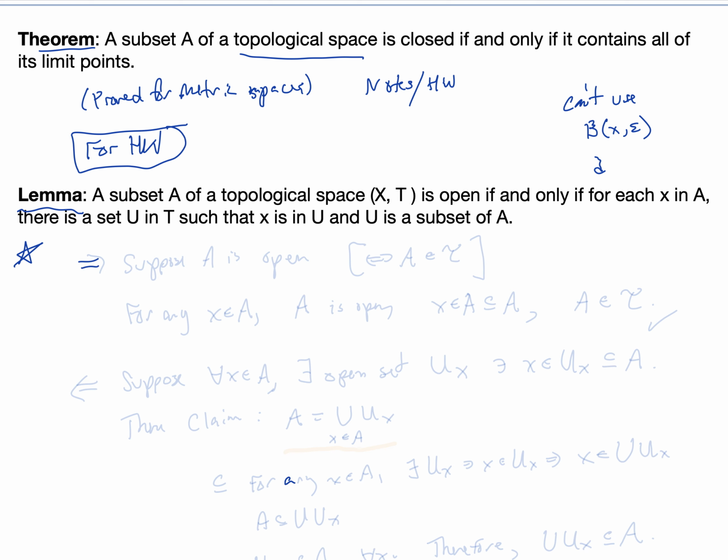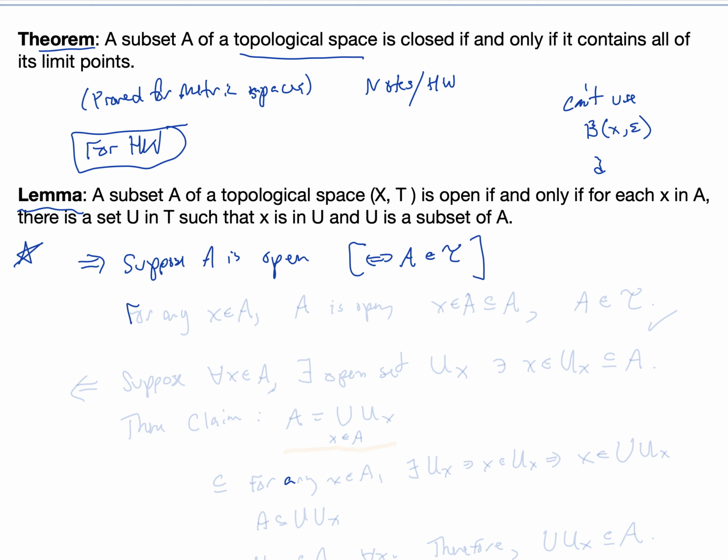So going in the forward direction, suppose that A is open, and remember in a topological space, that's equivalent to saying that A is an element of tau. It is one of the elements of the topology. We want to show that for each x in A, there's some open set U such that x is in U and U is a subset of A. Well, this direction is immediate, right?